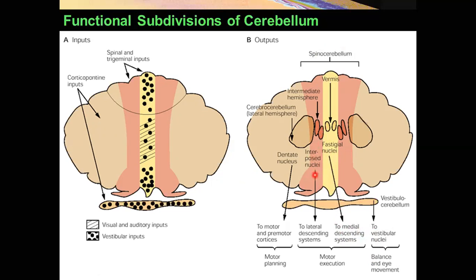Its lateral part projects to the lateral descending systems. Together, they control the motor execution. So the spinocerebellum controls motor execution. And the cerebrocerebellum, which is the lateral hemispheres, projects to the motor and premotor cortices of the cerebral cortex for motor planning.